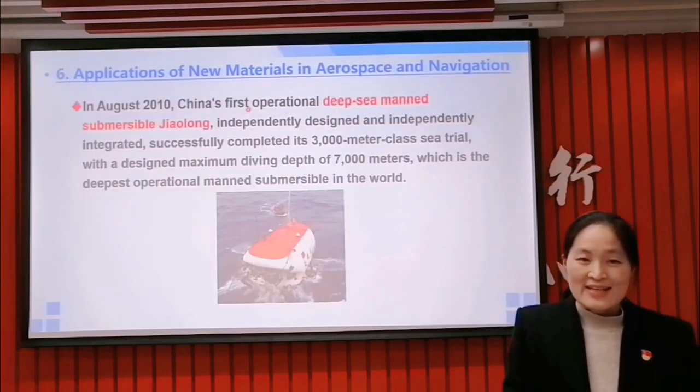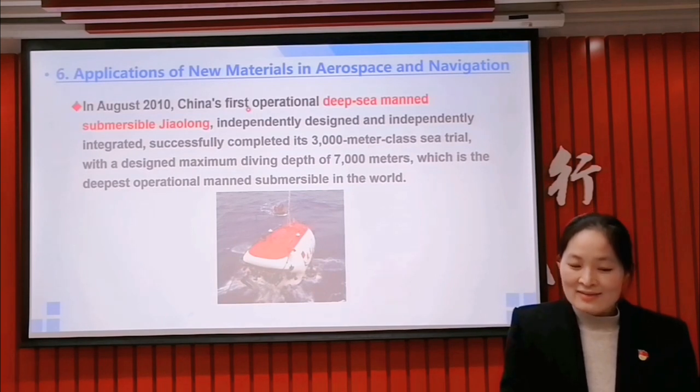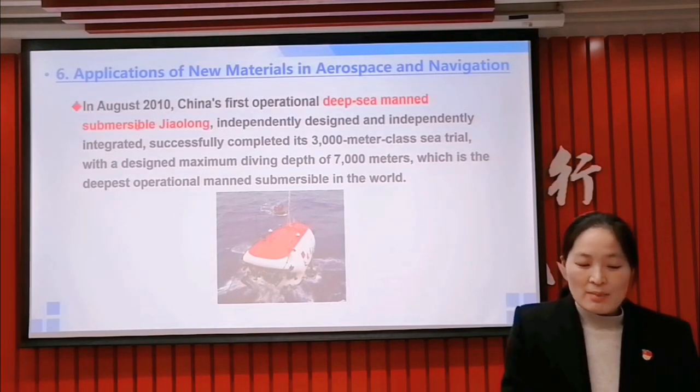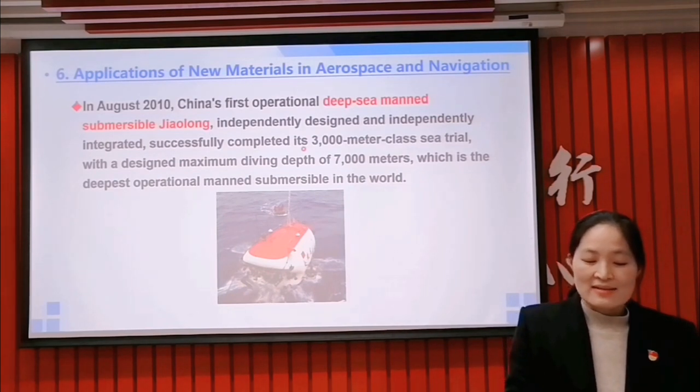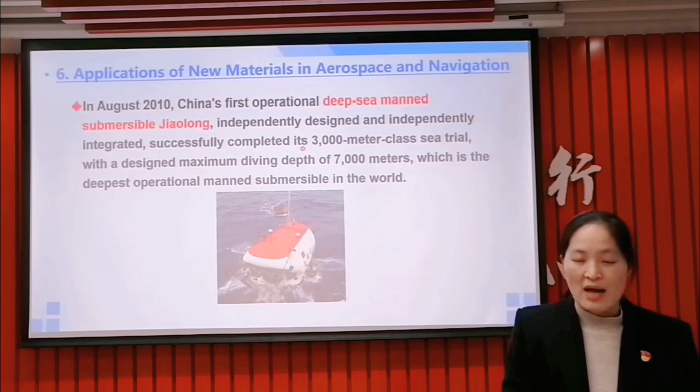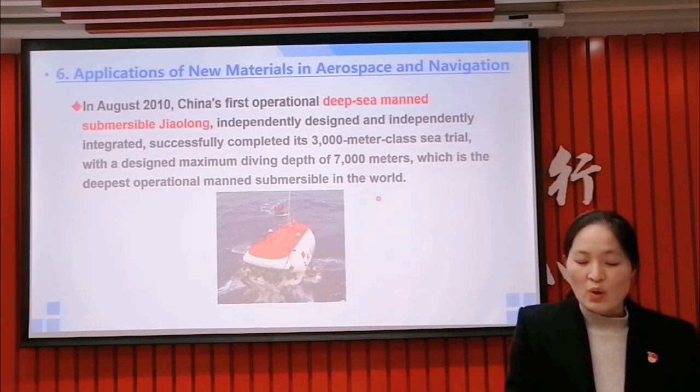For example, in August 2010, China's first operational deep-sea manned submersible Jiaolong, independently designed and independently integrated, that means produced, successfully completed its 3,000-meter class sea trial, in which is designed a maximum dive depth of 7,000 meters below sea level, which is the deepest operational manned submersible in the world.